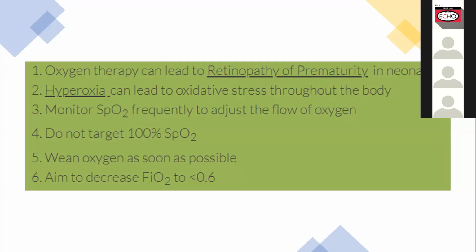This is why we monitor SpO2 frequently to adjust the flow of oxygen. We don't target 100% SpO2 because it is harmful to our patient. So we need to wean our patient from oxygen as soon as possible, when they are improving, decreasing the FiO2 to below 60%.